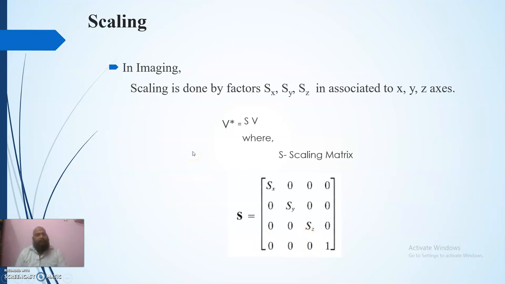So this helps us with zooming in and out of the object, or otherwise with the linear adjustment of focal length between the lens and the object. So this is called scaling.